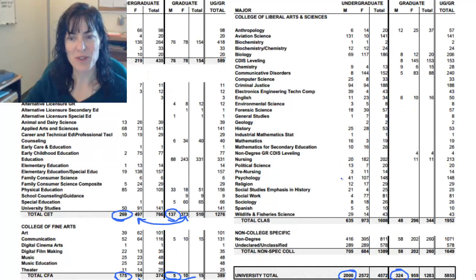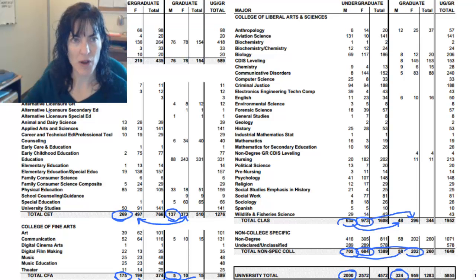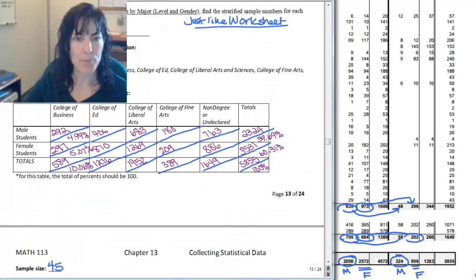Same thing, College of Liberal Arts and Sciences, and you have to watch the order is slightly different on the sheet. So I have 635, and I'll add the 48, and then the 973, and I'll be adding the 296. That'll give me the females for the Liberal Arts and Sciences. That's where I came up with all of my numbers, and I had already totaled the male and females, so I used those again on my page.